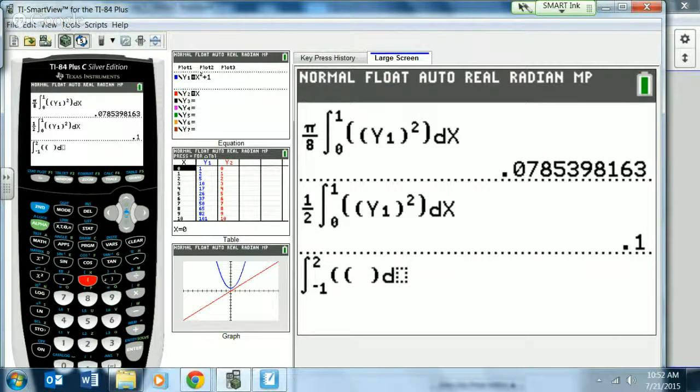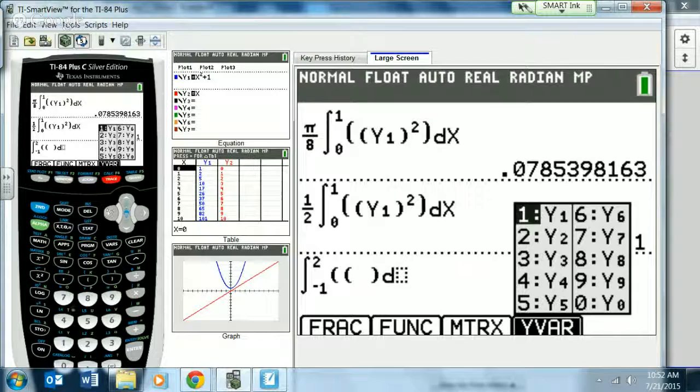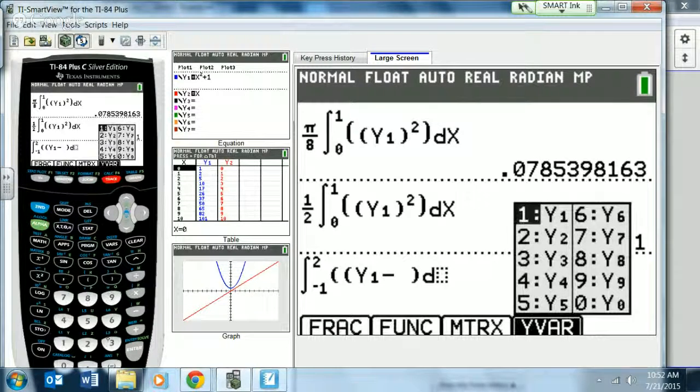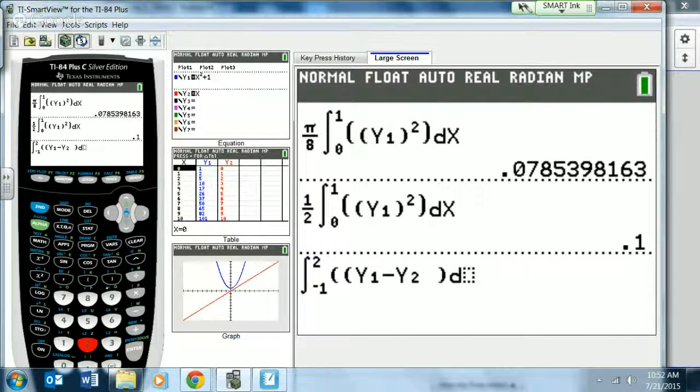Open up a new set of parentheses here. And we wanted to do top minus bottom. And I don't know if you can see here, but the top one again was the parabola, which was y1, minus bottom, which was y2. And that's what each side would be. And then I want to square that, right? Because I'm taking squares. dx.